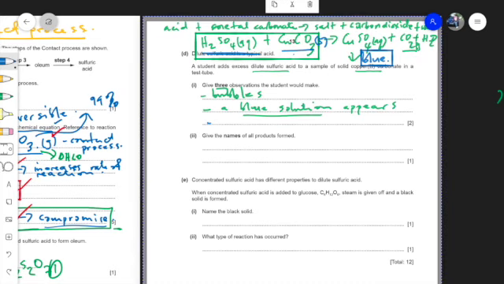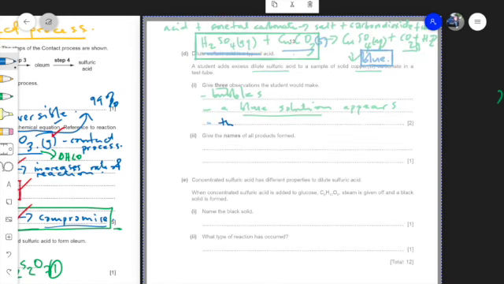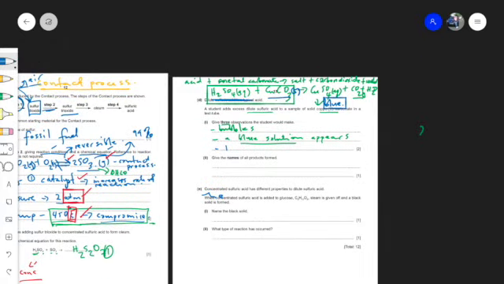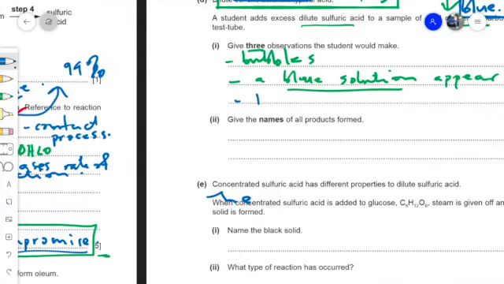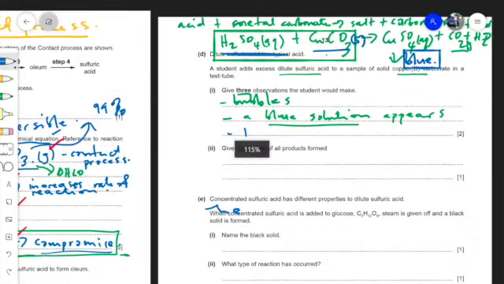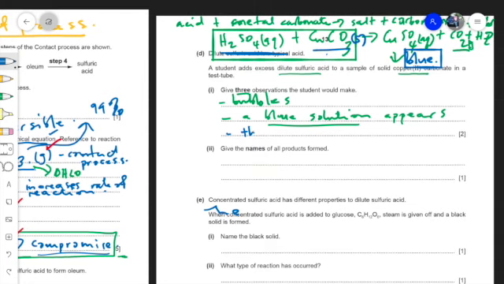So what happens is that the solid is used up, or it dissolves. The solid copper carbonate dissolves.